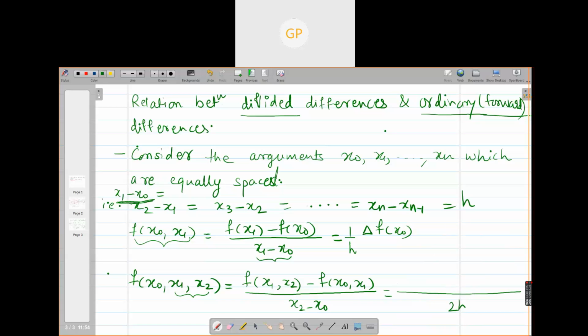Now what is f x0 x1? You have already written here 1 upon h delta f x0. So from this, tell me what will f of x1 x2 be in terms of delta? 1 upon h delta f x1. Correct.